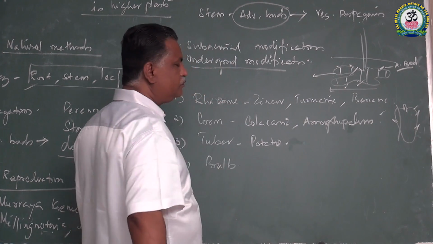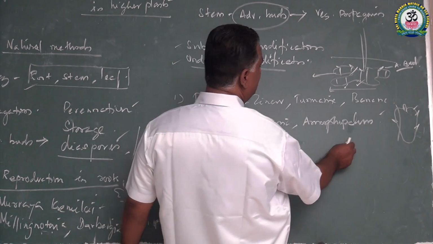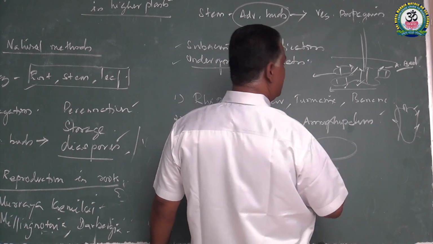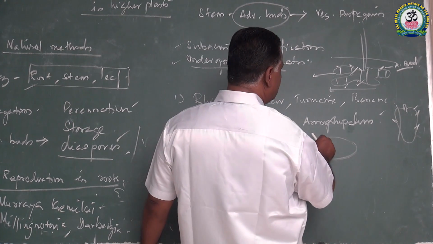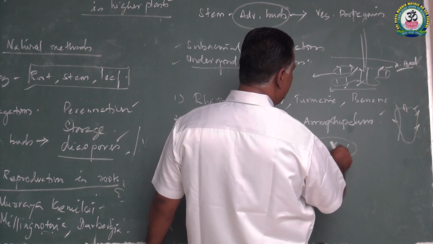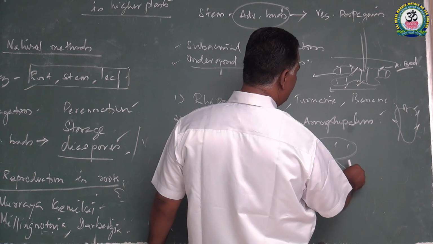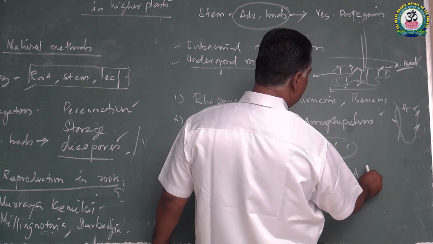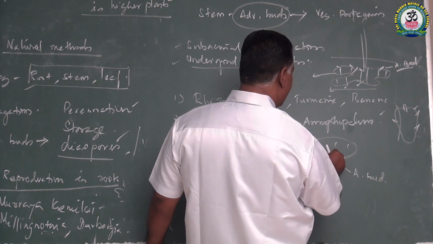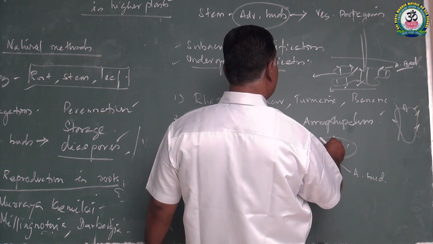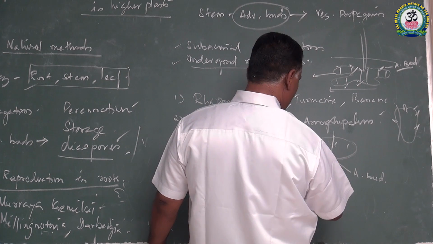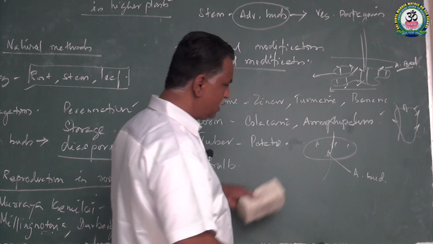Solanum tuberosum. We know the structure of the tuber. It is an underground tuber, the aerial part is there. There are certain eye-like spots. The eye-like spots represent the axillary buds. Each bud can grow into an aerial part and can produce a cluster of potatoes underground.